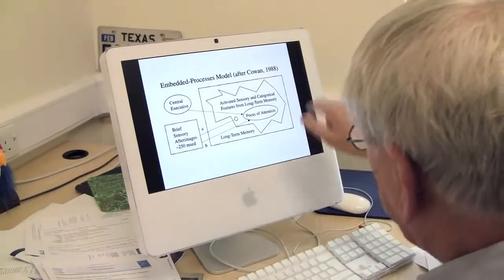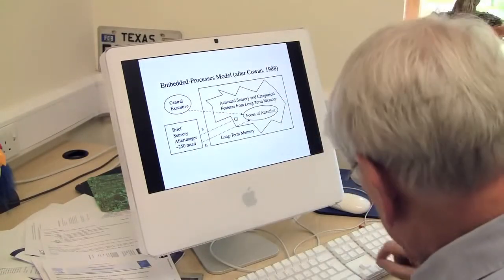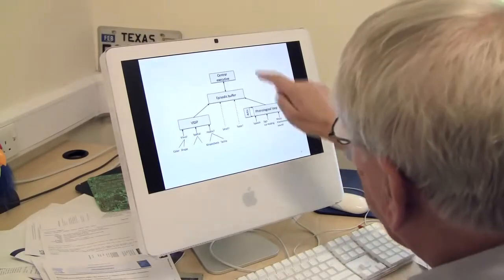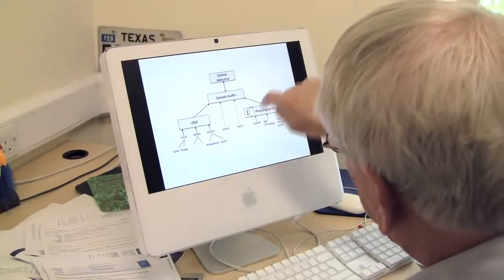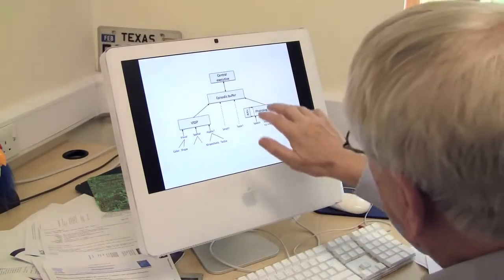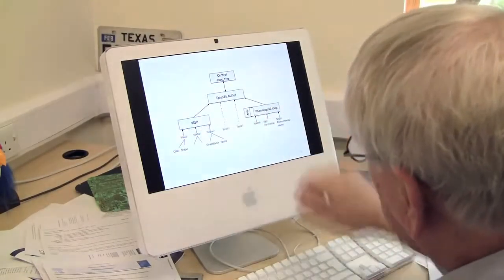We think of Nelson's model as applying to the interaction between the central executive and the episodic buffer, and leaving out these other components.